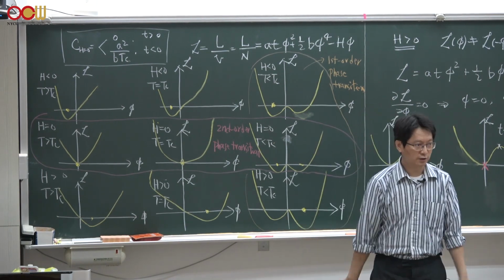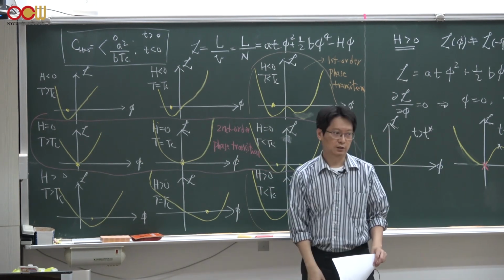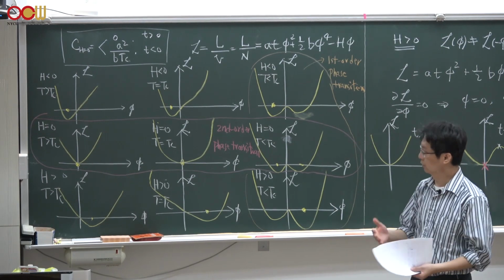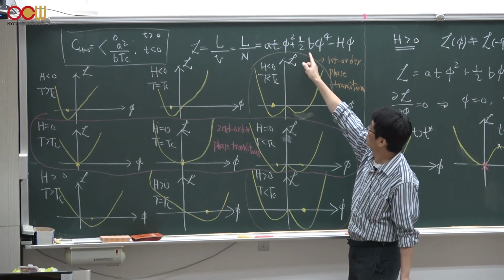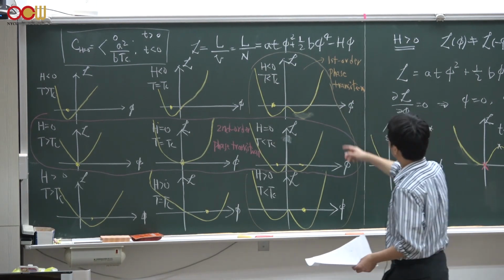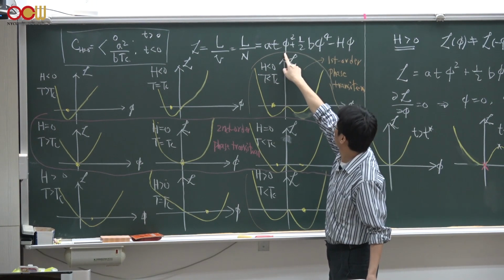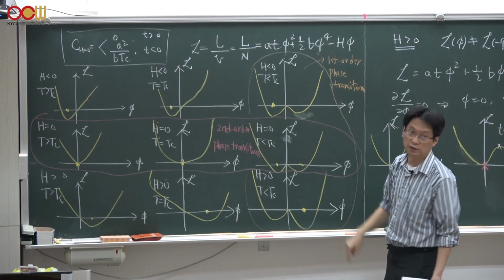So there are 9 situations, and in each case we could use a plot to illustrate how Landau's free energy density looks as a function of phi, given that this is an expansion in powers of phi, with a quadratic in phi, a quartic in phi, and also a linear in phi.